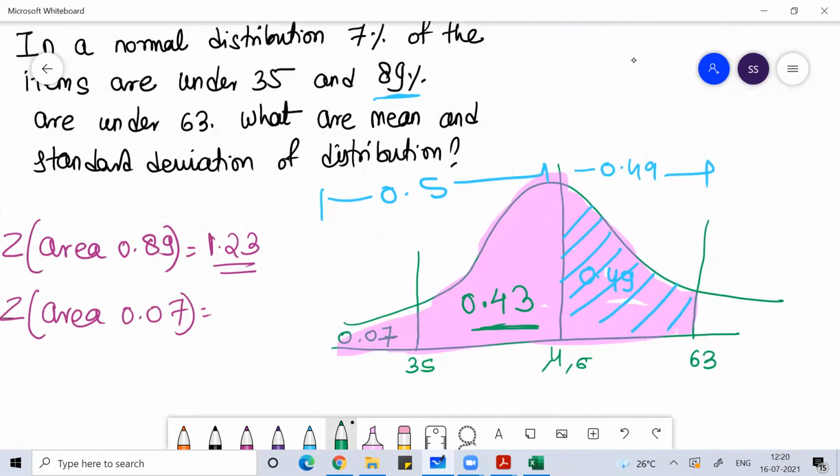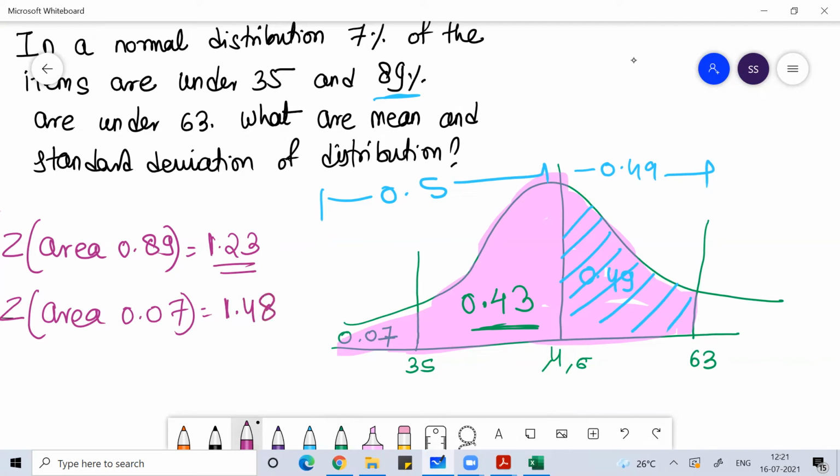If you want to see the value 0.43 under the normal distribution curve, it is equal to 1.48.